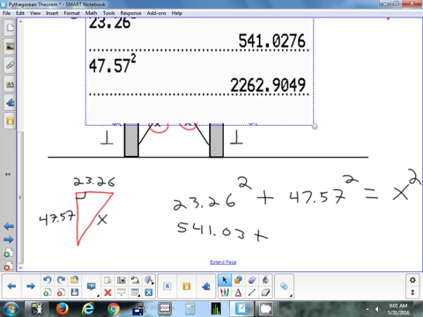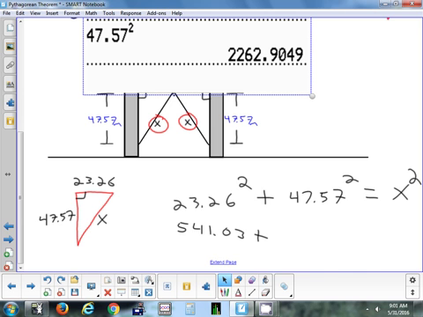Because the next digit is a 4, that 0 just rounds down. So 2,262.90.